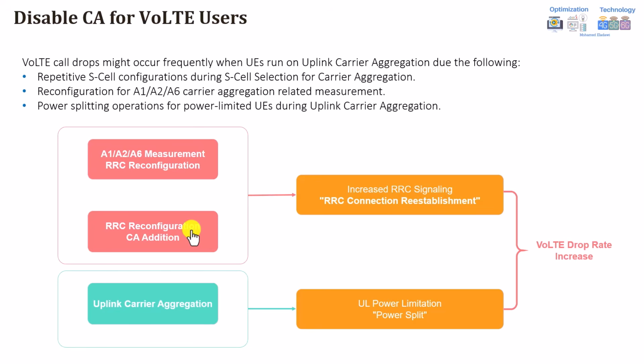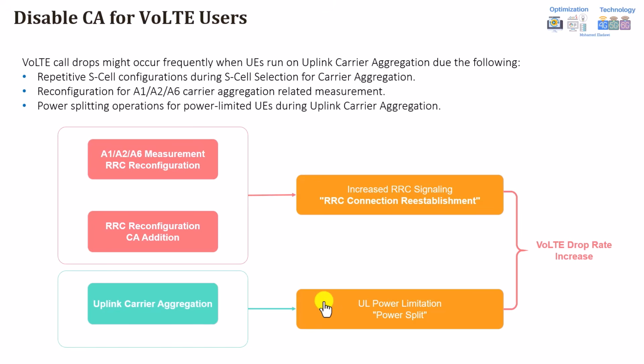And the third part, as shown here, is if you have uplink carrier aggregation enabled, not only downlink. Uplink carrier aggregation will cause a power limitation, because the user needs to transmit with different power for each carrier.